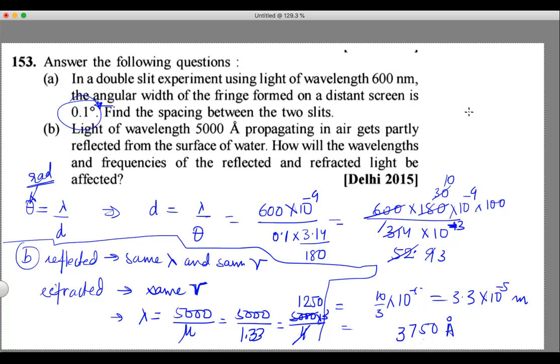Also understand the concept of path difference and phase difference that causes the different intensities. Once in a while a question comes in which we have to calculate the intensity, so that should come to you. We have done it in the last class, so we should be able to do that.